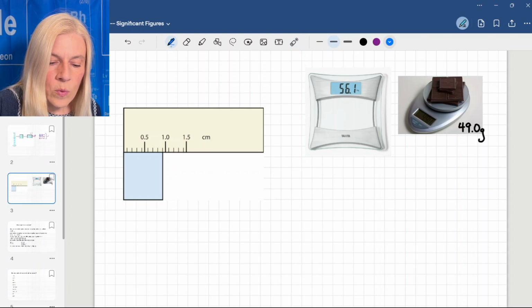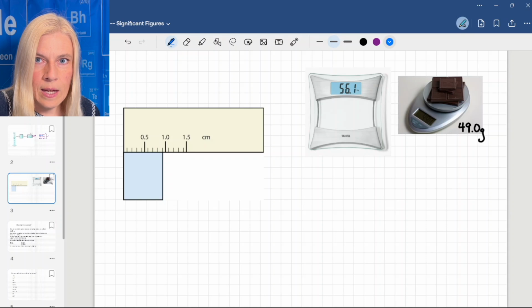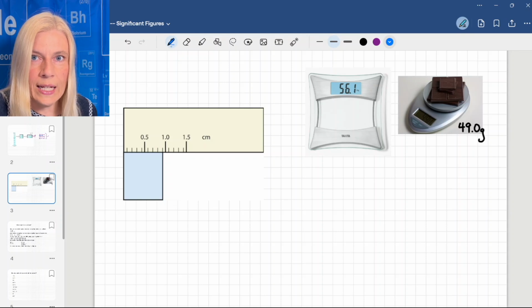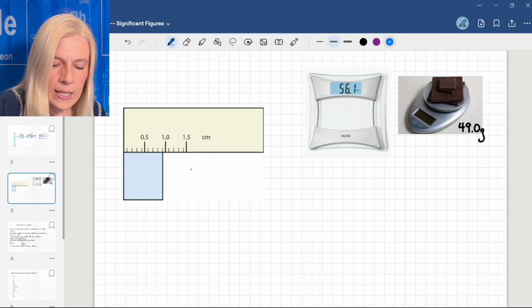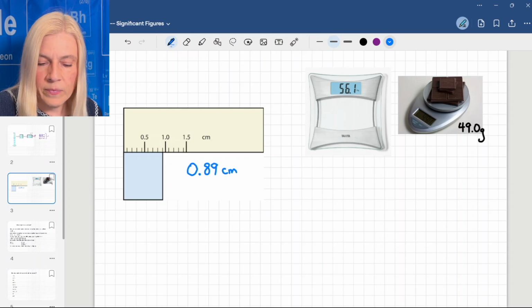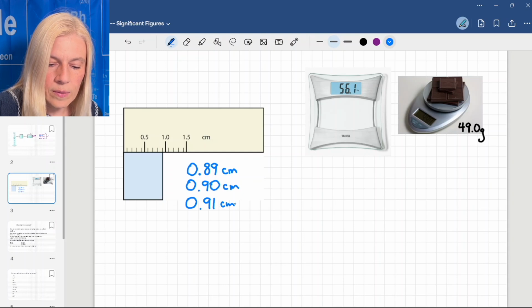Okay. So we know that it's very, very close to 0.9. But then my tick marks will go to the hundredths place, right? So can I say that this blue block is 0.89 centimeters? Well, what if somebody says it's 0.90 centimeters? What about 0.91 centimeters? And what about 0.9 centimeters?